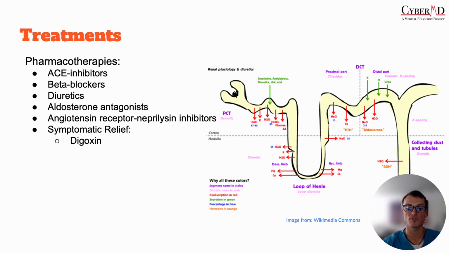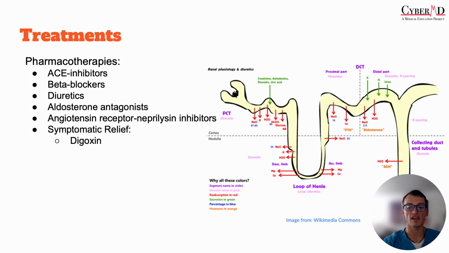Remember that natriuretic peptides are hormones that promote vasodilation and reduce fluid volume. So by inhibiting neprilysin, these drugs increase the levels of natriuretic peptides, promoting vasodilation, and subsequently they promote diuresis. At the same time, the ARB component blocks the effects of angiotensin 2, reducing vasoconstriction even further and reducing aldosterone secretion.